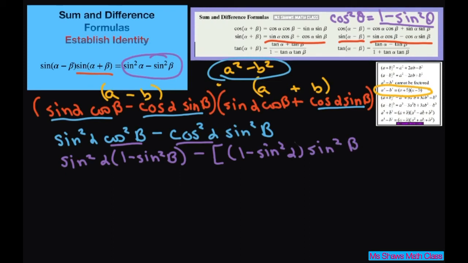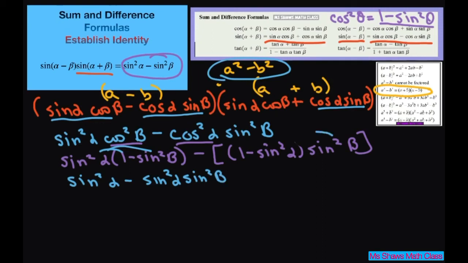Now at this point we're going to distribute, so we get sine squared alpha, and I'm just distributing here, minus sine squared alpha times sine squared beta.